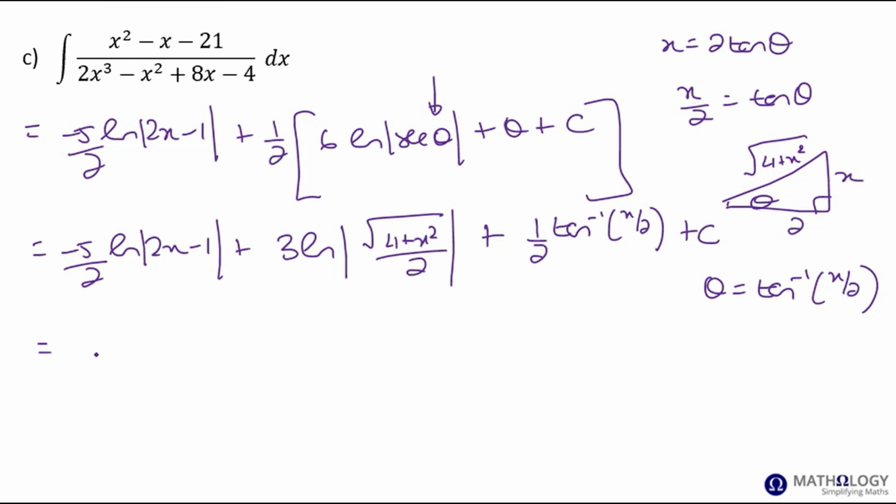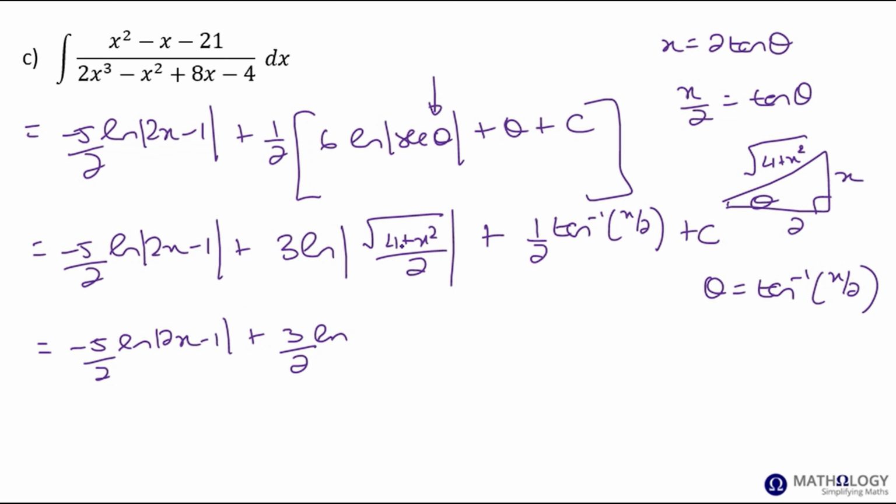So that equals minus 5 over 2 ln |2x minus 1| plus, we can take this half out of the absolute value sign and bring it in front, so it's 3 over 2 ln |4 plus x squared|. 4 plus x squared is always positive.